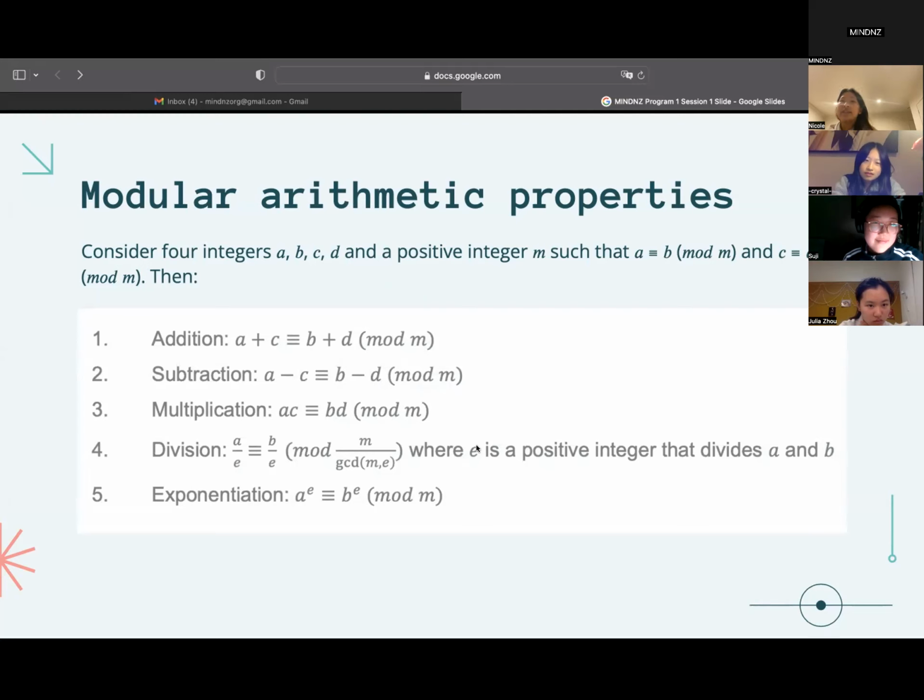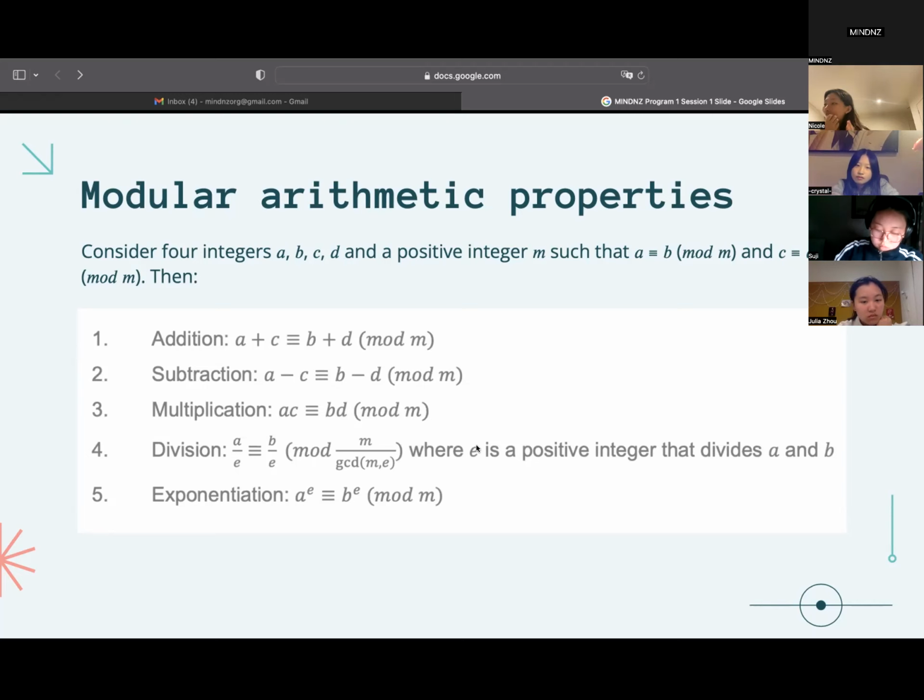So these are just some identities that are really important for us to know, and I'll talk more about why these work. Let's suppose that we have 4 integers, a, b, c, d, and a positive integer m, which will be a modulus, such that a is congruent to b mod m, and c is congruent to d mod m.